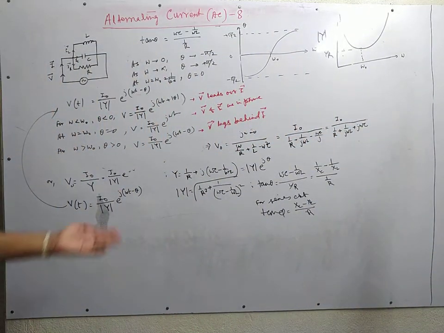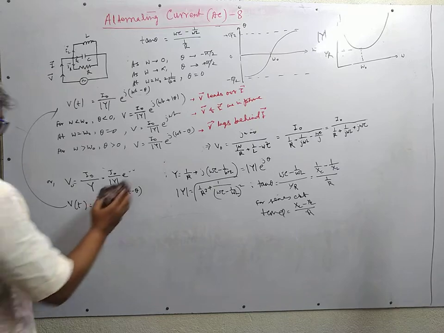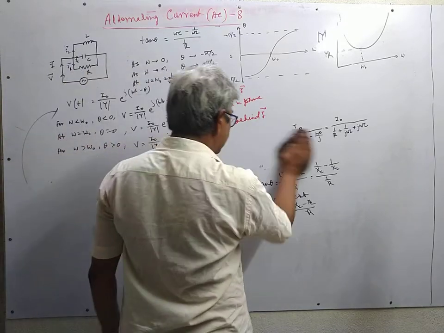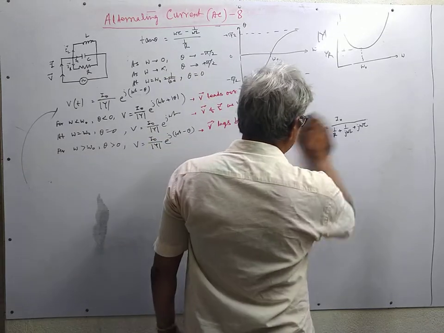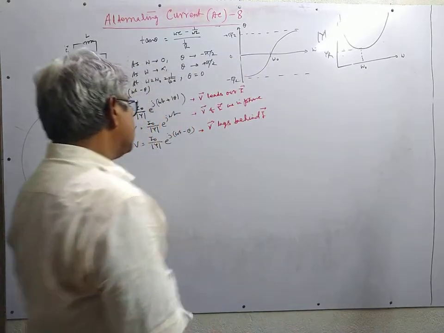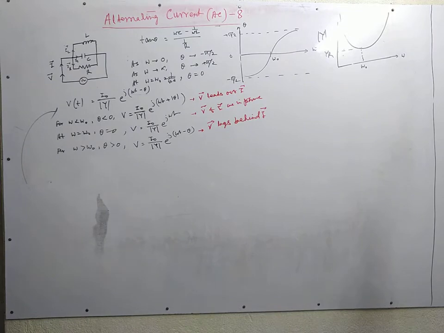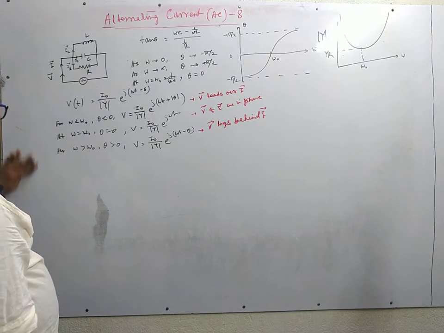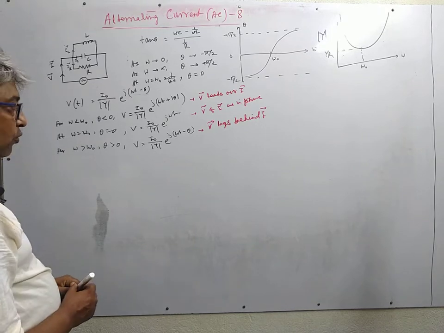Now we can come to the same conclusion from the phasor diagram method, which I am going to demonstrate now. We know that these circuit elements are connected in parallel. So we must think how the current to the circuit element responds to a reference voltage.